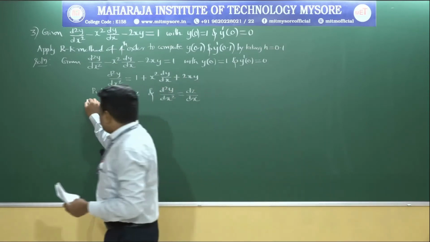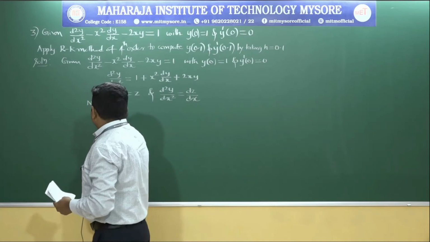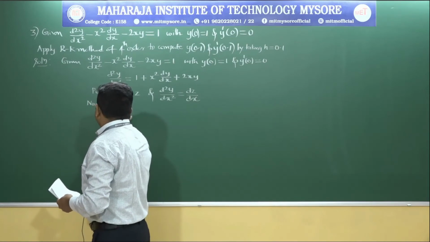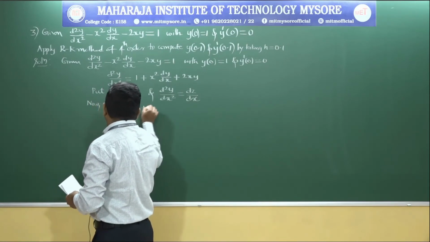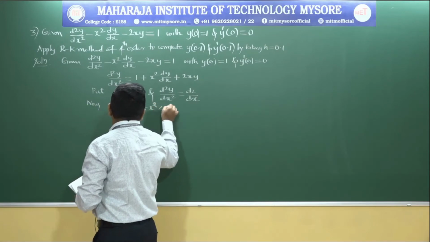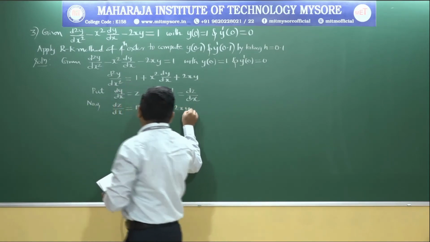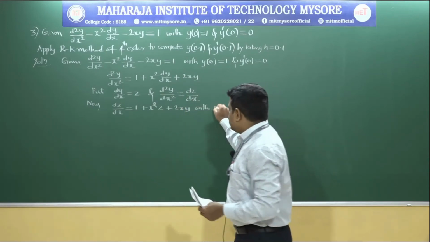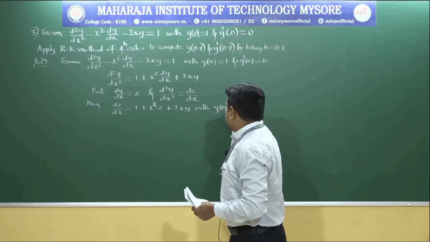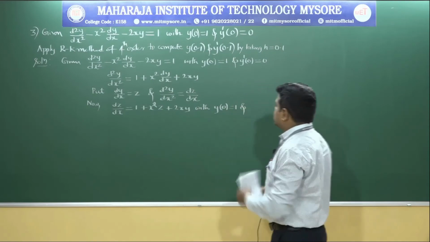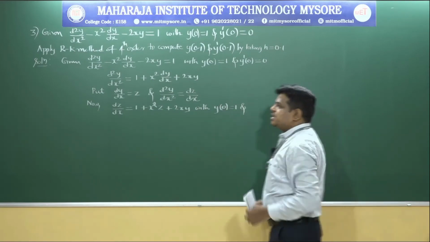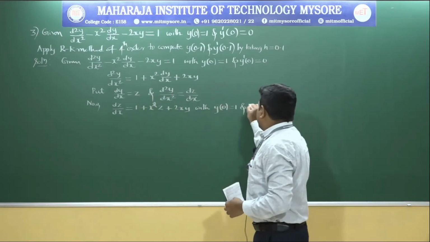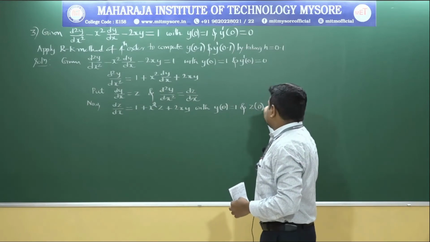Now the given equation reduces to dz by dx equals 1 plus x square z plus 2xy with initial condition y of 0 equals 1 and y dash can be represented as z and z of 0 equals 0.